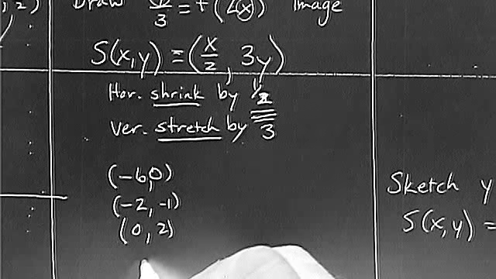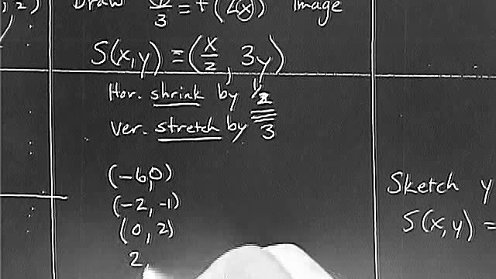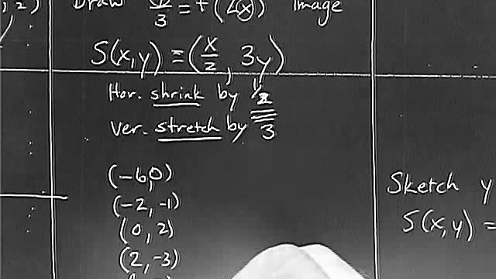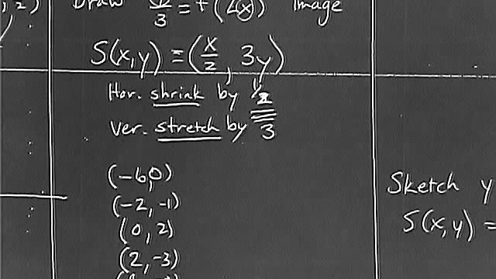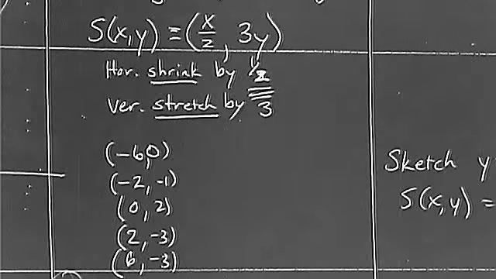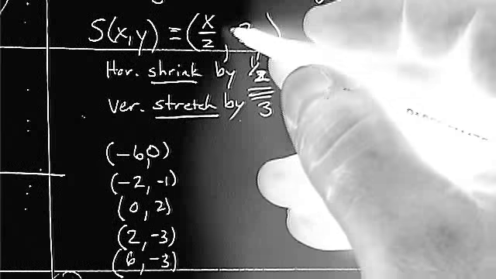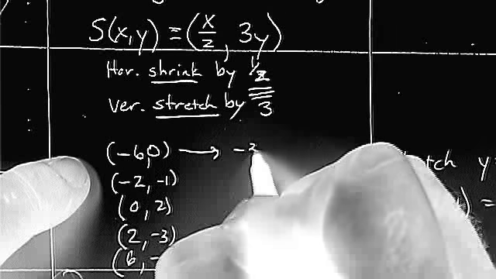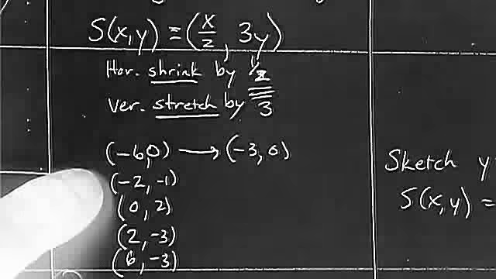And I had 2, -3. And I also had 6, -3. Now if I use those points and my scale change rule, I'm cutting the x's in half and tripling the y values, then this point would become the point -3, 0.